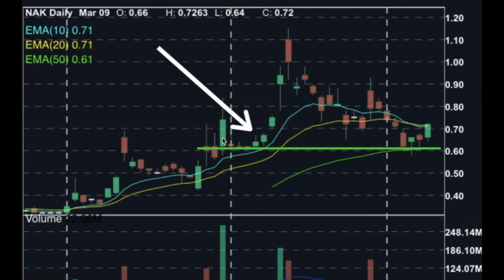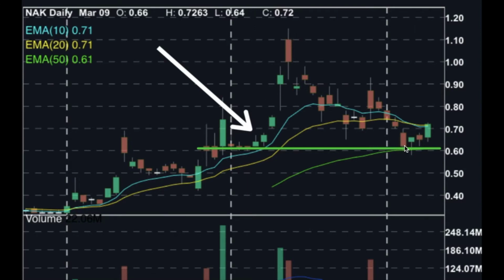You can see that, obviously days ago, we had this line drawn here. The green line comes across here at about 61 cents, where previously we've had a nice little floor and a bounce that led to the bigger part of the pump.